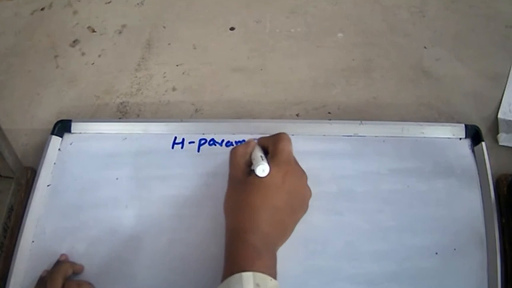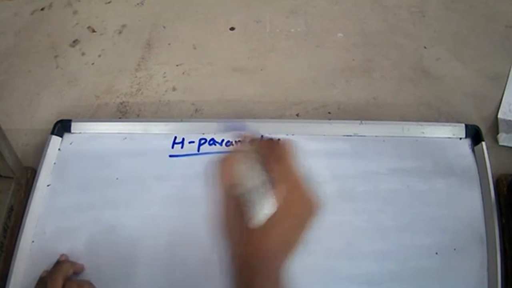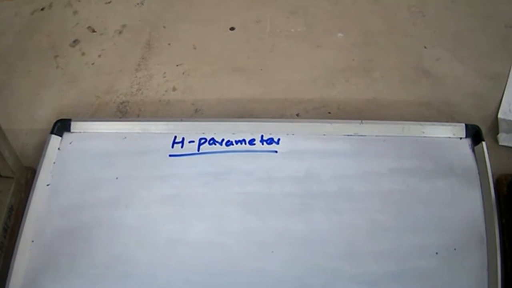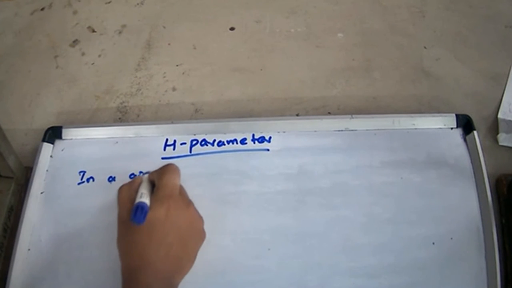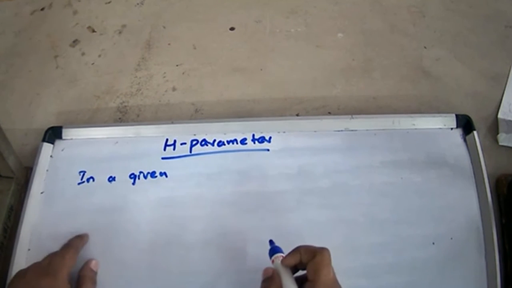H parameter. In a given two port, because we are talking about two port network here.